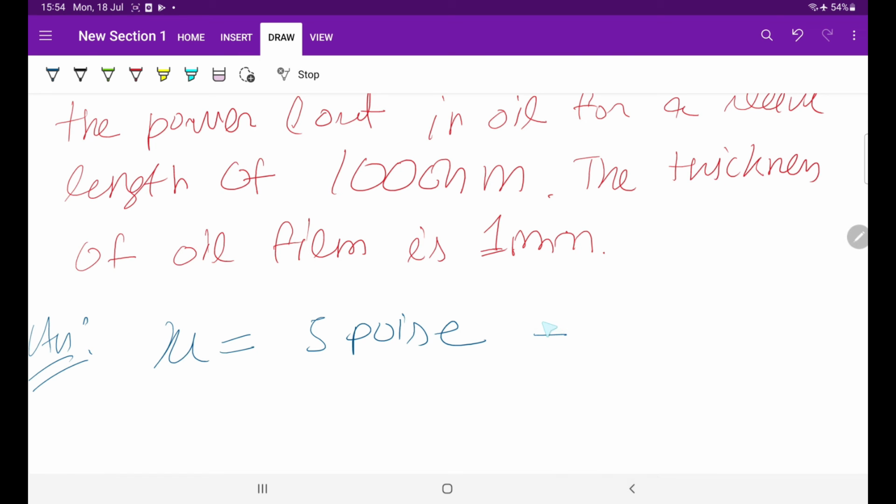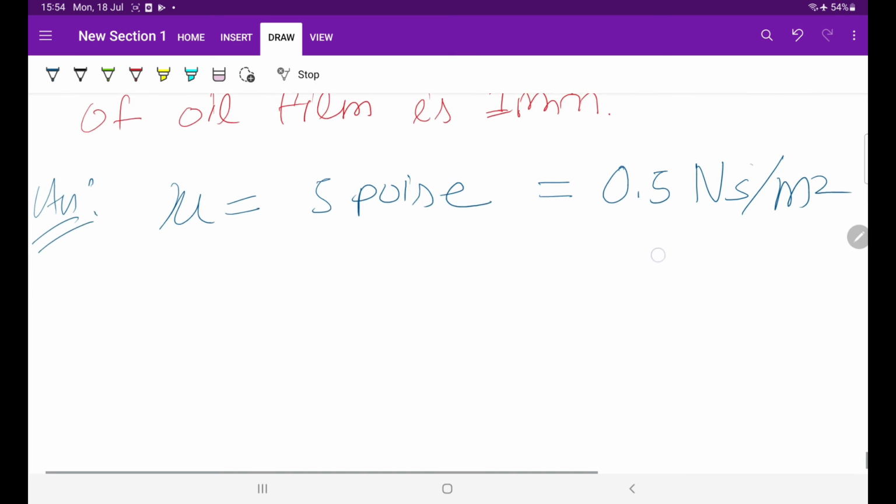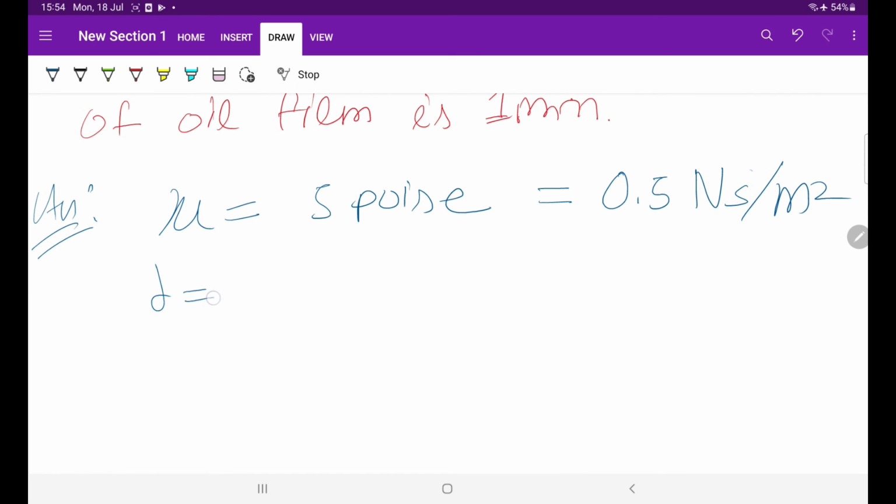So if you convert into Newton second per meter square, this will be 0.5 Newton second per meter square. So mu we know easily, and the diameter of the shaft, d, is obviously 0.5 meter. They have given it directly in meter, so no need to convert it.